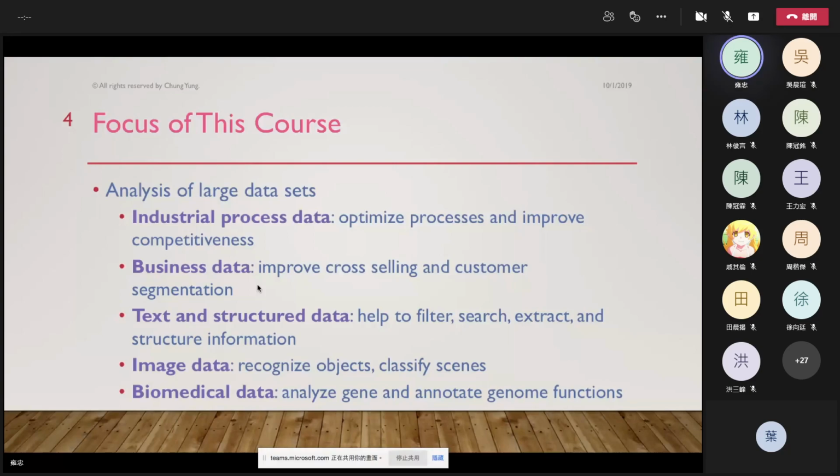Or for business data, the focus is on improving cross-selling and customer segmentation.